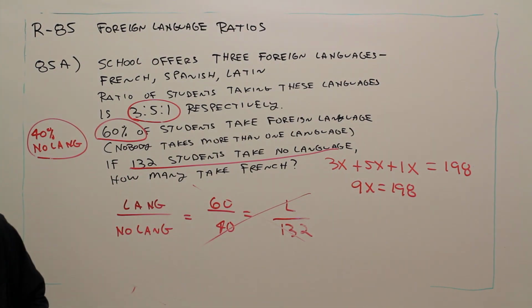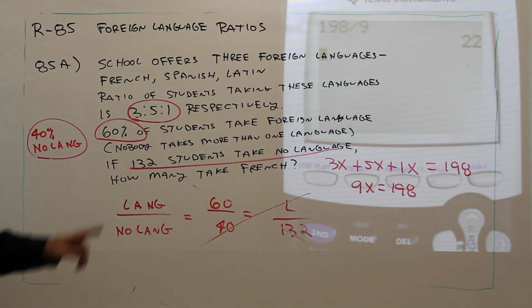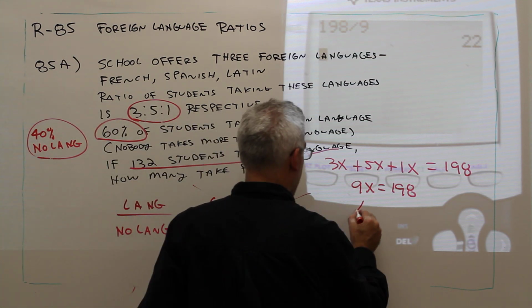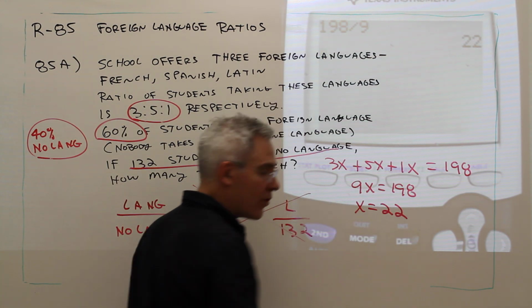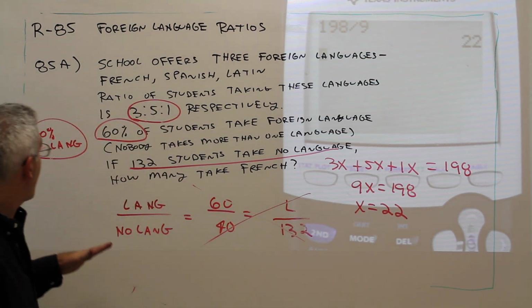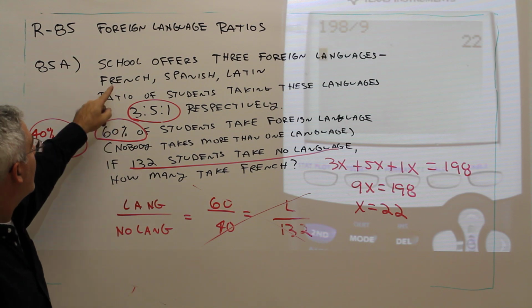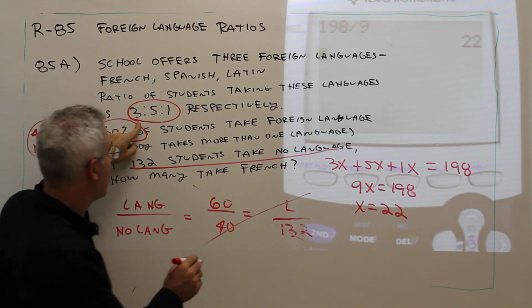I could use my calculator again. Divide by 9, 198 divided by 9, and I get 22. So x is 22. They don't care about x. They want to know how many students are taking French. So it went French, Spanish, Latin.